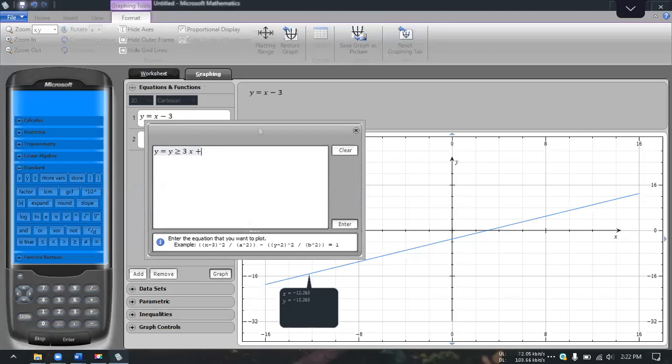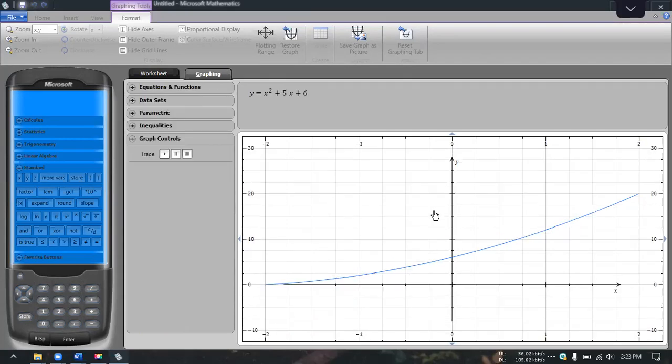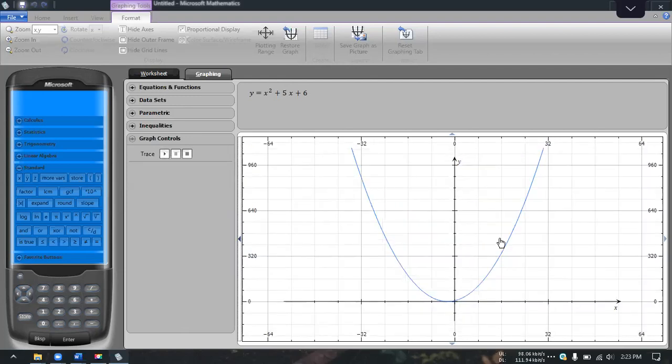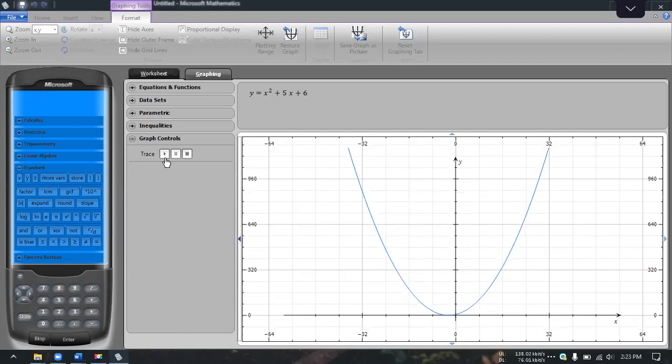Yan. So here is the parabola. So it opens upward. If we trace again, we can observe that the graph passes through every element of x.